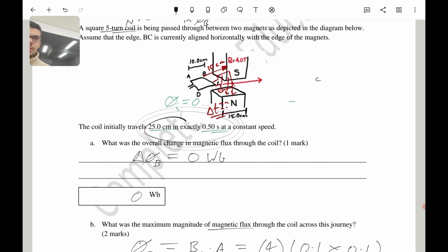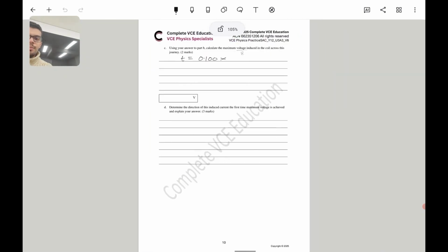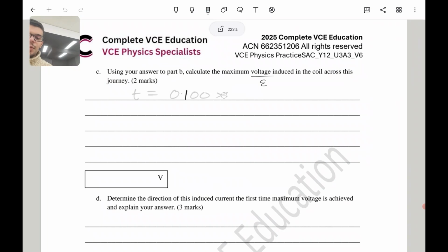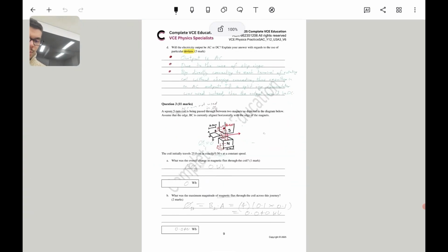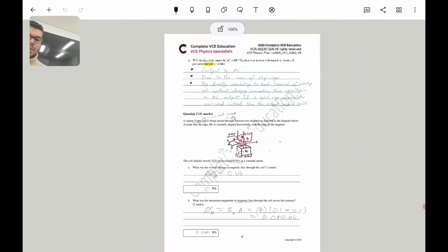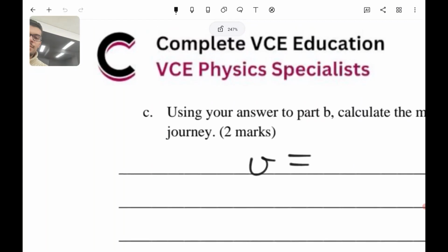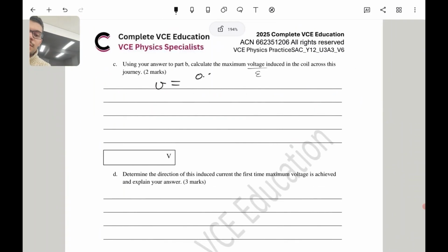Okay, so we can multiply those values, and actually it'll be easier to do this question if you take this in steps. So we can first of all figure out the speed, and the speed will be, in this particular question, 25 centimeters over 0.5 seconds, which will be 0.50 meters per second.